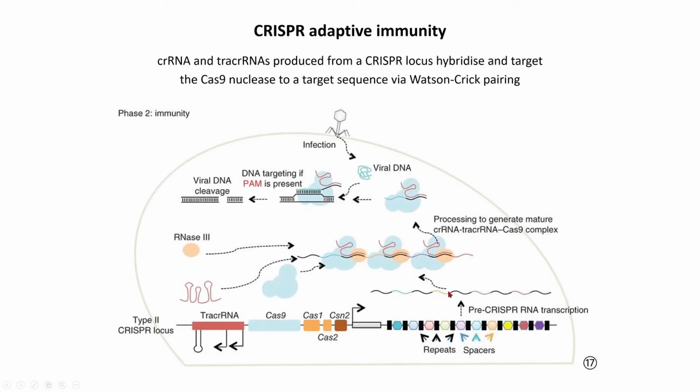This repeat array, this CRISPR array, is then transcribed as one long pre-CRISPR transcript, a polymerase II transcript, which has got all these repeats in it.